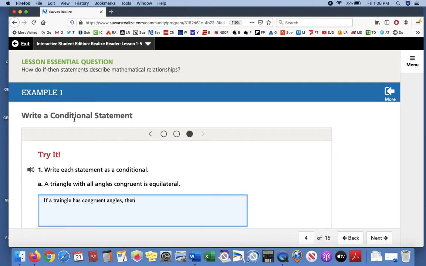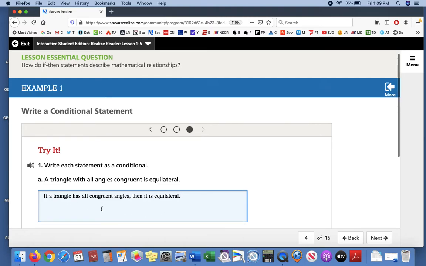Then, it's actually if a triangle has all congruent angles, then it is equilateral. While I was typing it, I just realized there's probably a better way to word that. Hopefully you caught it.